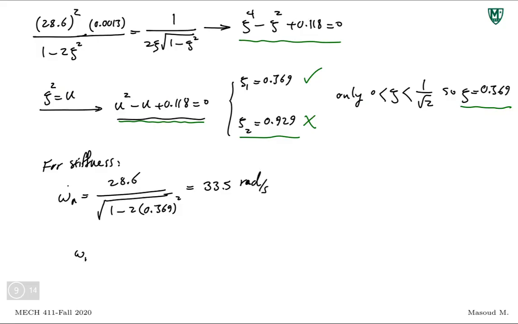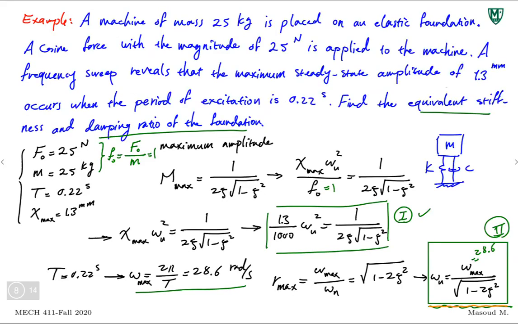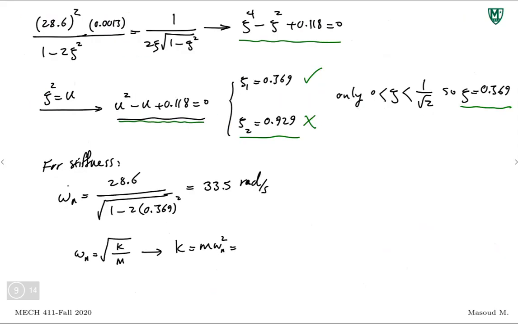You should know this equation very well by now. Omega n is the square root of k over m, the natural frequency. So from there you can find k: m omega n squared. What is the value of m? The value of m is given. It's 25 kilograms. So that would be 25 kilograms times omega n squared, which is 33.5 squared.